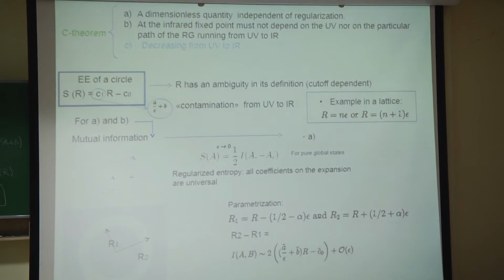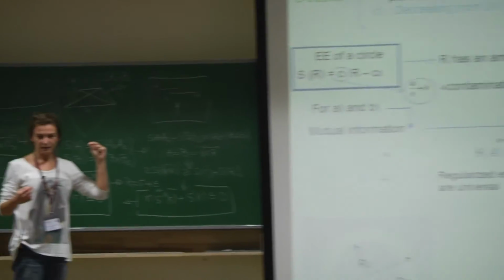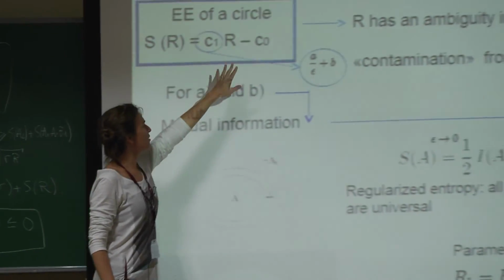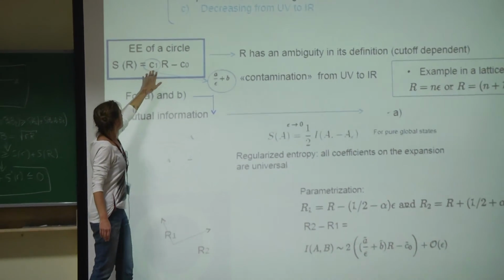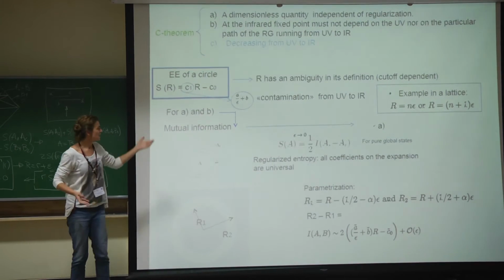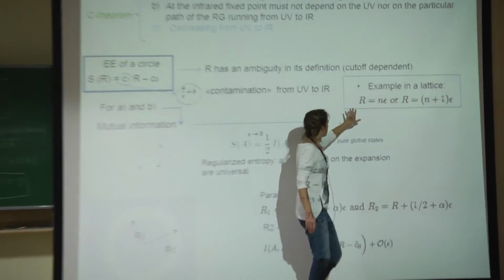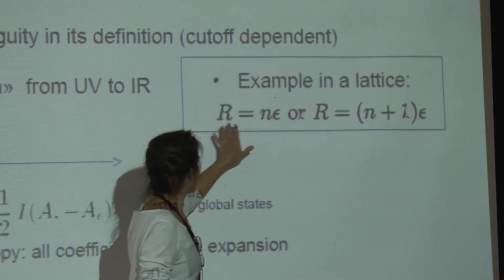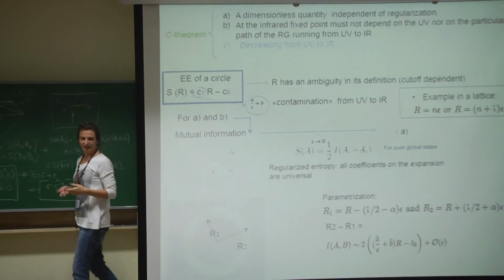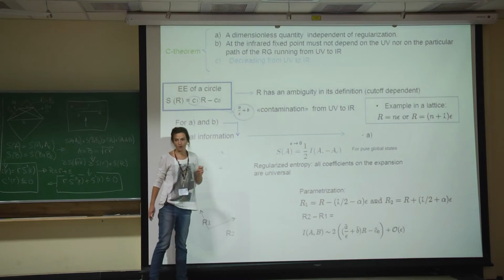You also need to have a good, universal definition at the fixed points. And with the entropy, it's not clear that this term is well defined, since you have ambiguities in the definition of the size. As I showed you two days ago, in the lattice, for example, you can change your regularization, the way you measure R in terms of lattice spaces, and you immediately change the value of the constant term.